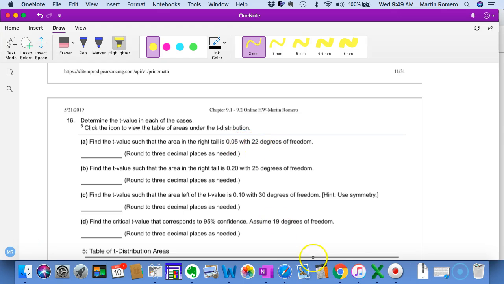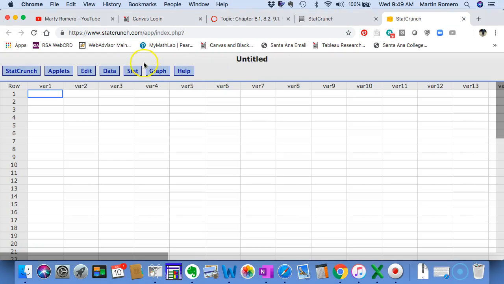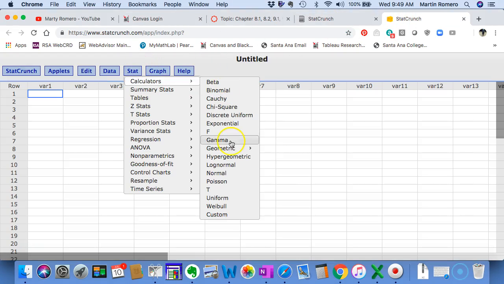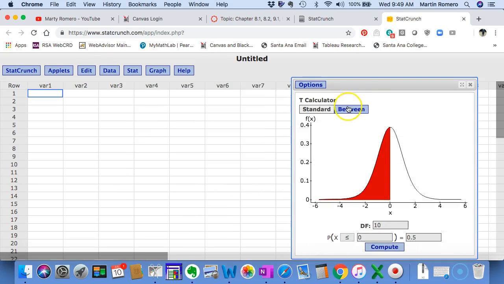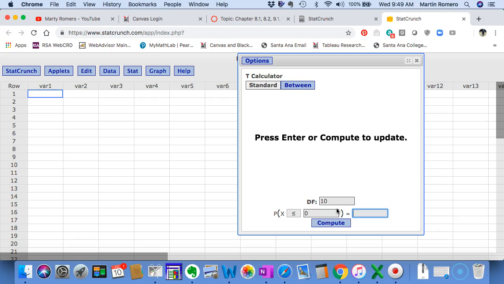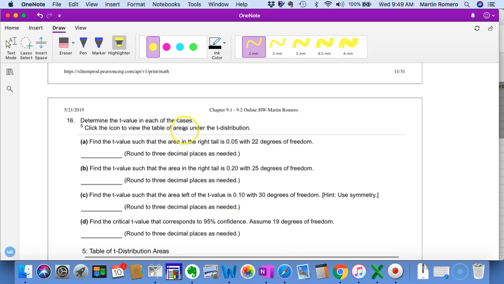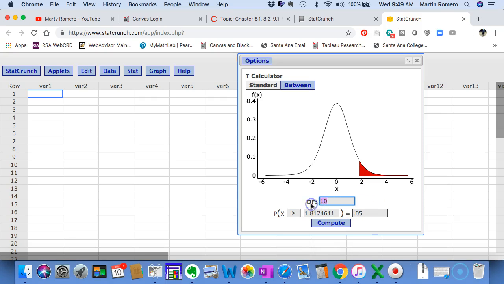of freedom, we would go to StatCrunch, Stat, Calculators, T Calculator. On this problem it wanted 0.05 in the right tail, so this would be a greater than. We also need to keep in mind the degrees of freedom, 22, so you'd put 22 here.